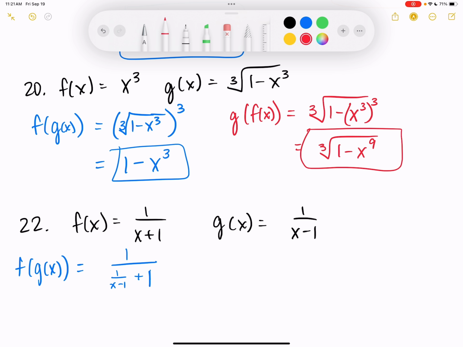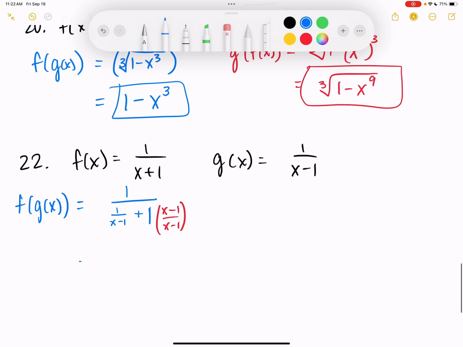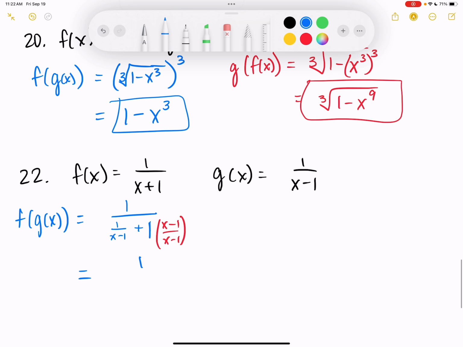I would be breaking math rules if I do anything else. So I'm going to multiply by x minus 1 over x minus 1. So I've got 1 over 1 plus x minus 1 over x minus 1.